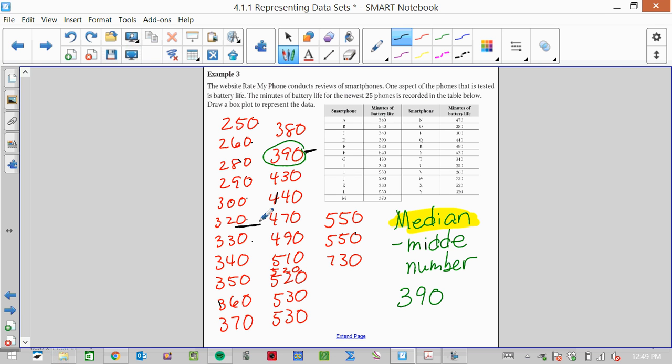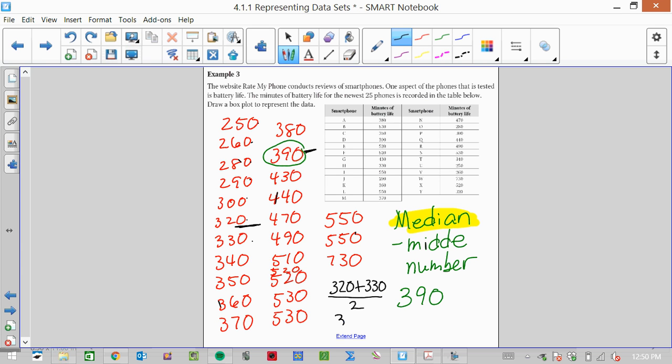Since there's no actual number there, in order to find this middle number, we have to find the average, or the mean, of these two numbers. So I've got 320 plus 330, and then I'm going to divide by 2 to find the average.